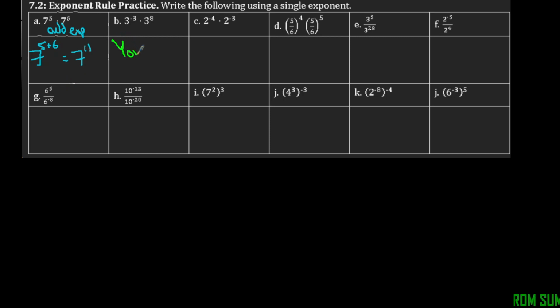This one's your turn, and this one's your turn. Then for the next one, I'll help you out since it's that fraction base. Same kind of setup though, so we keep the same base, but we're going to add those exponents.